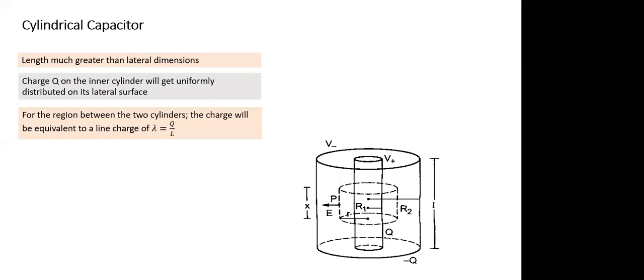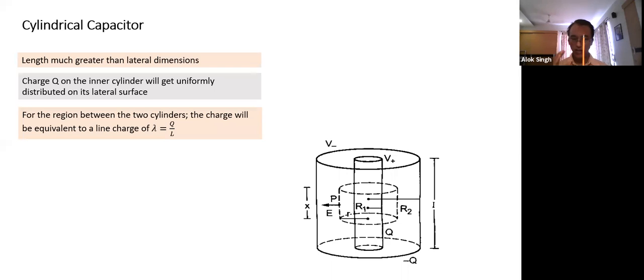Sir, because the length dimension is large, and as in the case of a sphere, because of spherical symmetry, it doesn't matter what the size of the sphere is. Similarly, if I take a Gaussian surface in the form of a cylinder which encloses the inner cylindrical shell, it doesn't matter what the radius of the shell is, the charge enclosed will remain the same.